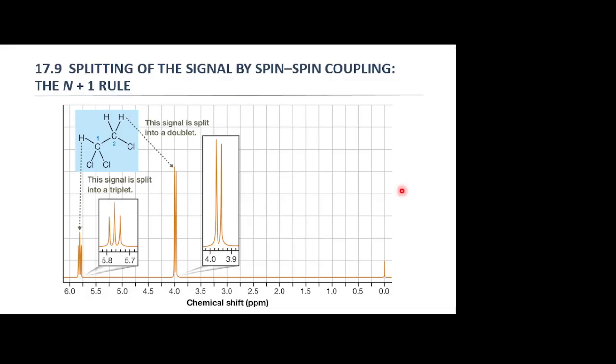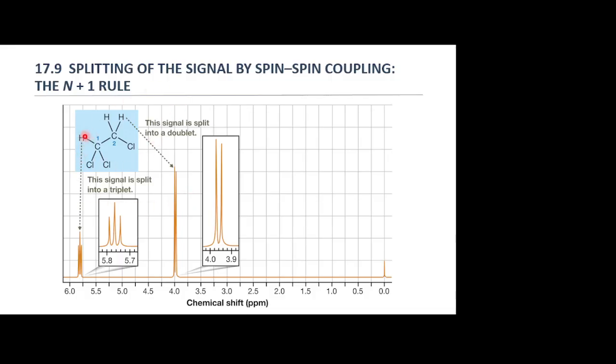Keep that formula in the back of your head as we talk about what exactly it gives us. You may already be able to deduce this. Notice this hydrogen is experiencing 3 peaks, so it's split into 3. These two here are experiencing 2. If you pay attention, there's only one hydrogen around these two, so the number of neighboring hydrogens is 1, and 1 plus 1 is 2.